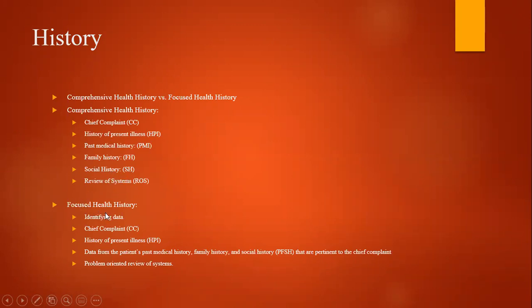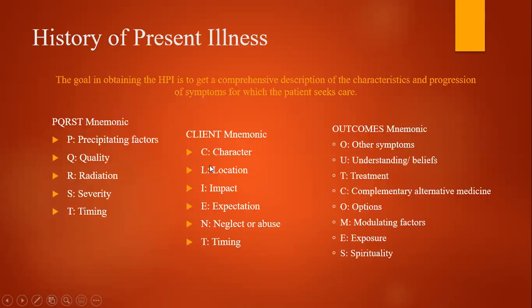A focused health history means identifying the data: the chief complaint, history of present illness, data from the patient's past medical history, family history, and social history that are pertinent to the chief complaint or problem, and a problem-oriented review of the system.